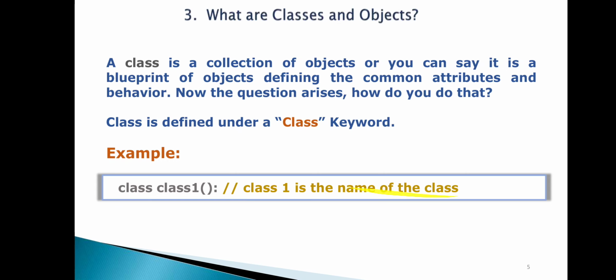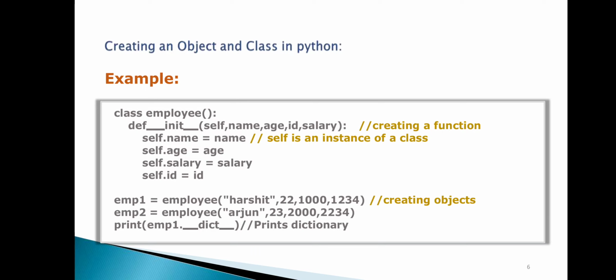Coming to the next topic: how we can create an object and a class in Python. Here class Employee is the class name, in which it has one special method. It will be called for every object creation.